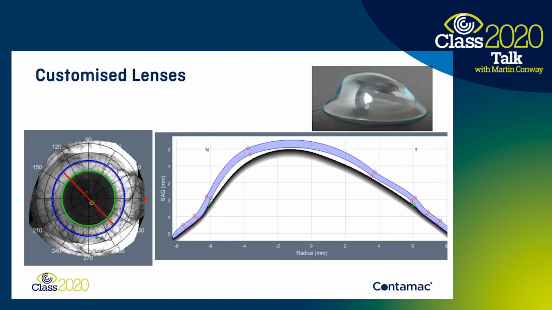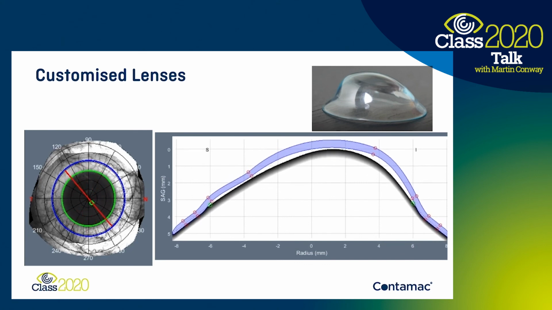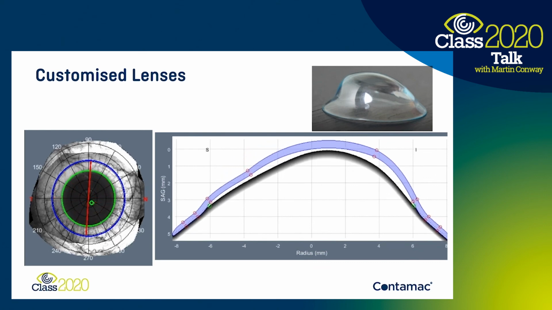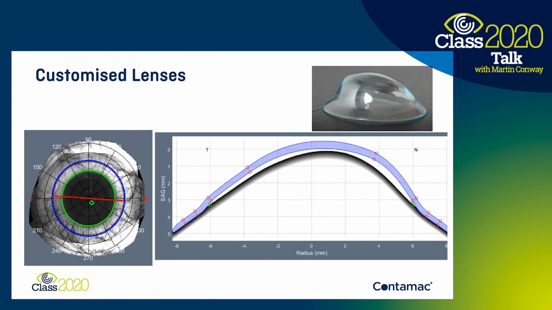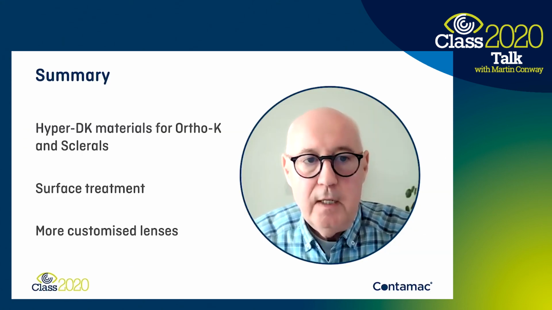This lens here is a real lens prescribed and manufactured to the patient's exact requirements. And this is the type of lens that we can look forward to in the future, both in the field of scleral lenses and also in ortho-K. So the future is looking rosy for RGP developments.